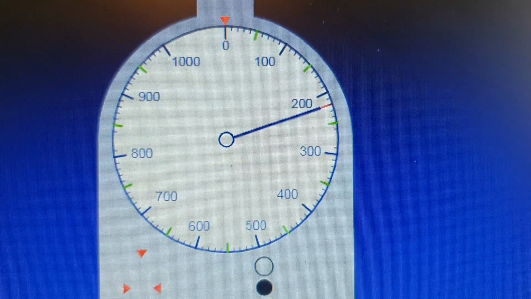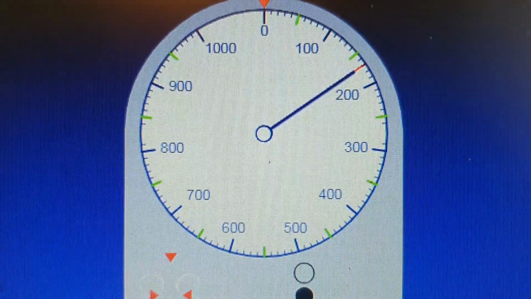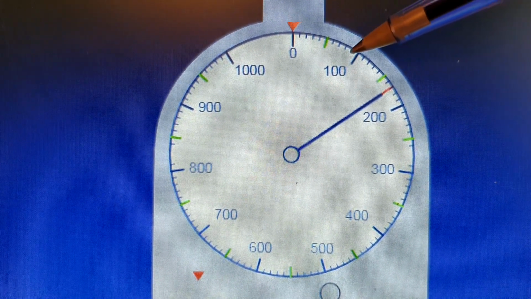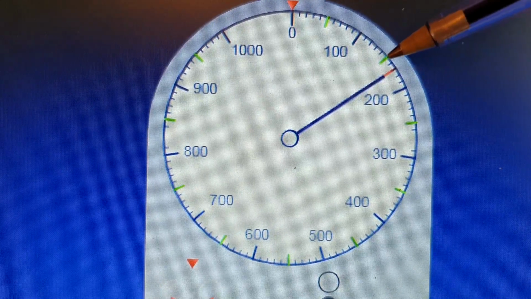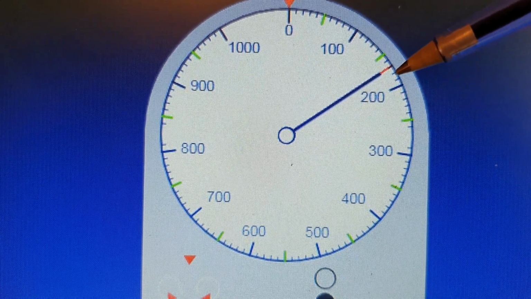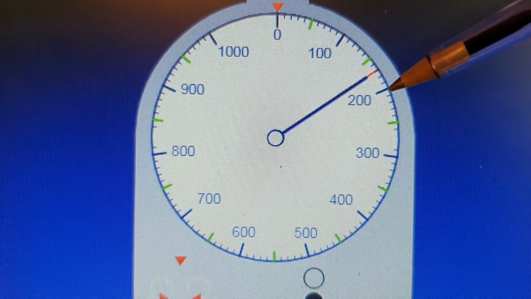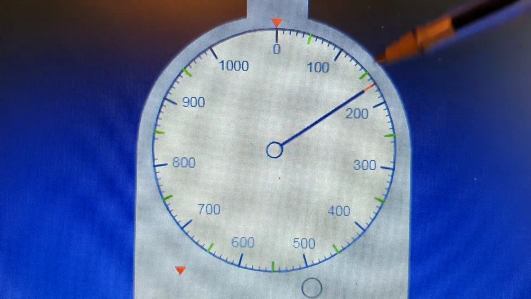What about if I took away 50? So we could count forward in tens from my 100, or I could go straight to 150 and go 160, 170, or from 200 count back in tens, 190, 180, 170.